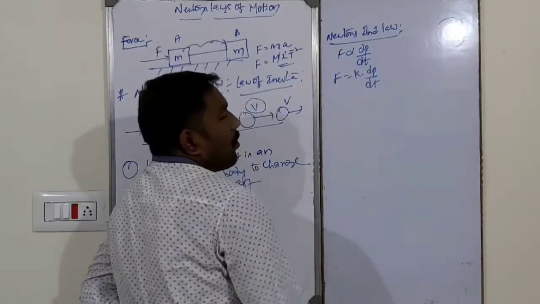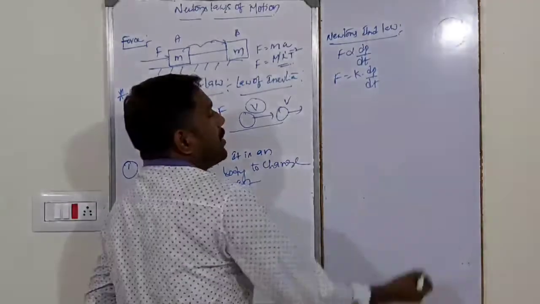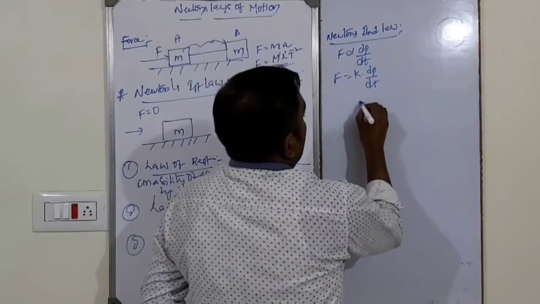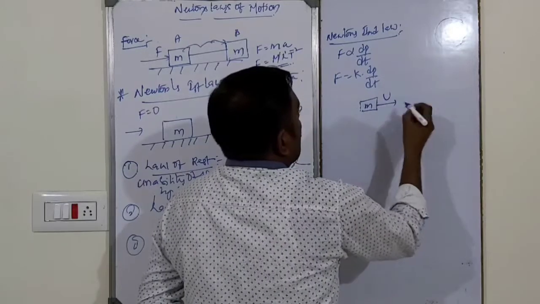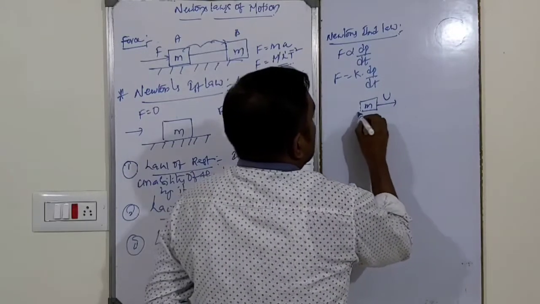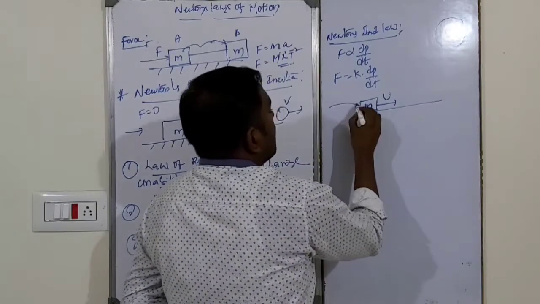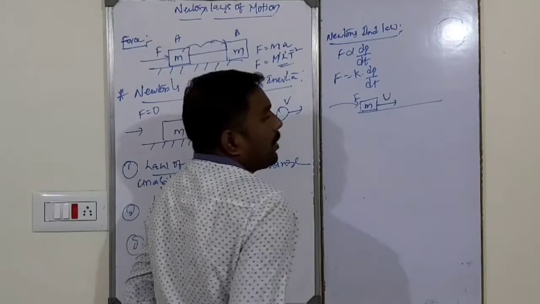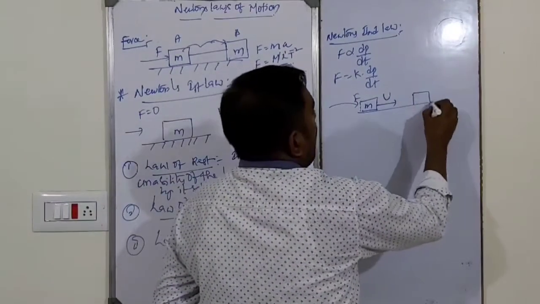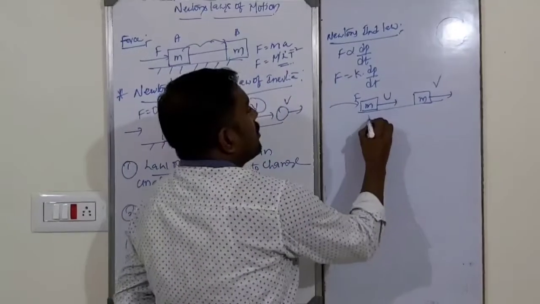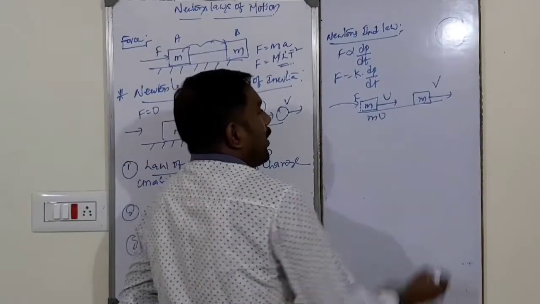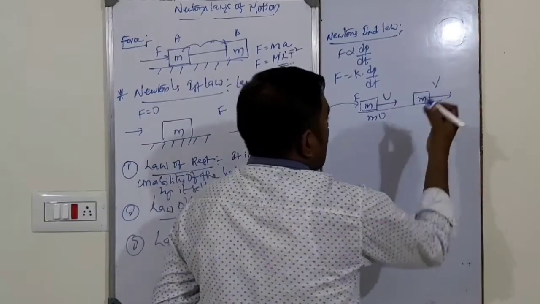So dP by dt is the rate of change of momentum. Dear students, let us consider a body of mass m moving with velocity u initially. After that, some force is applied on the body of mass m. The mass of the body does not change, but the velocity of the body will change. The initial momentum of the body is mu. The final momentum of the body is mv.